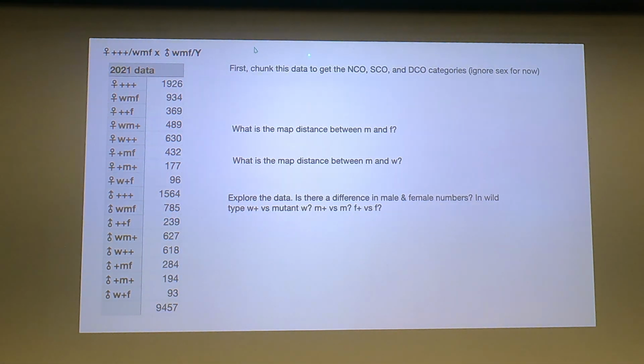So what I want you to tell me right here is just show me how many are the non-crossover, how many are the single crossover between miniature and forked, single crossover between miniature and white, and how many are double crossovers. Yeah, make those calculators sing, or your spreadsheets if you're doing it that way. We can't edit the document. You can't edit the document? No, we can only view it. Okay, I screwed up.